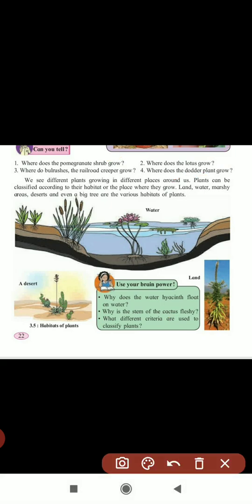We see the different plants growing in different places around us. So the plants can be classified according to the habitat, the place where they grow. Means according to how the environment is, they are growing. So land, water, marshy areas, desert, even in the sea are the various habitats of the plants.